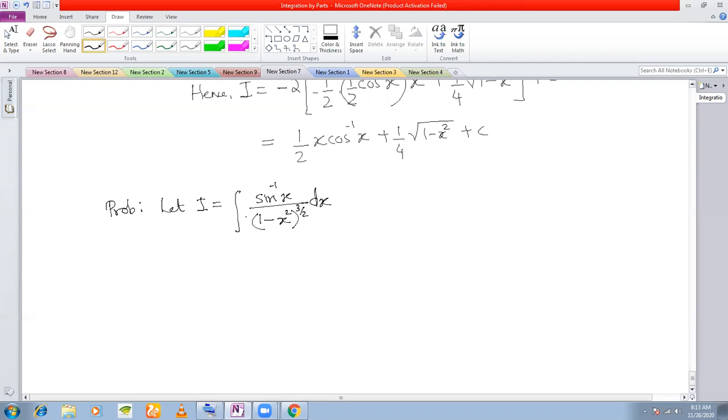Because I see a sin inverse on top, right? So let x is equal to sin theta. Then in the denominator, you will get 1 minus sin square, which is cos square, right? So things are going to get a little easy if you put x is equal to sin theta. So therefore, what is dx d theta? Cos theta.